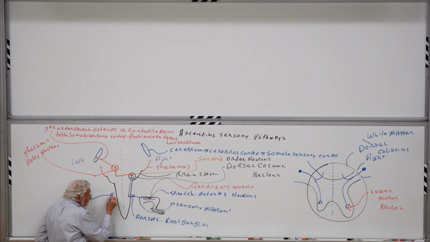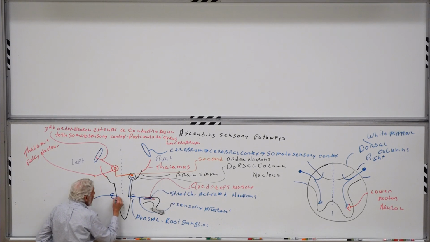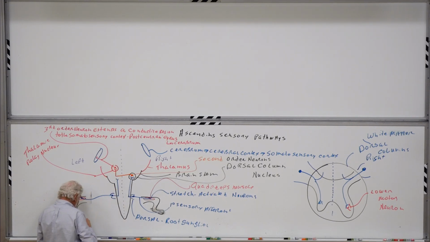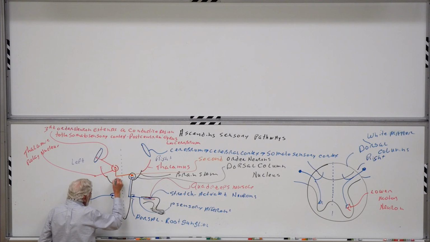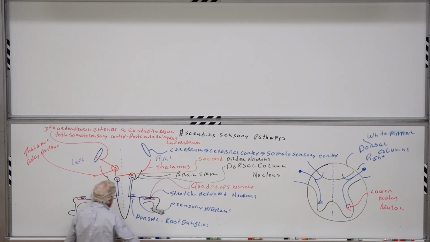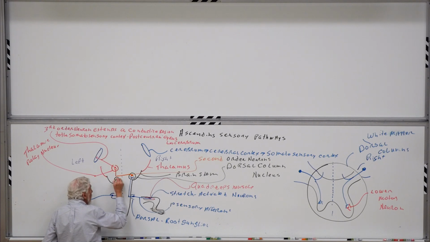So again, here's the neuronal cell body, it comes into the cord, ascends the cord all the way to the brainstem. In the brainstem, it forms a synapse onto a second order neuron.